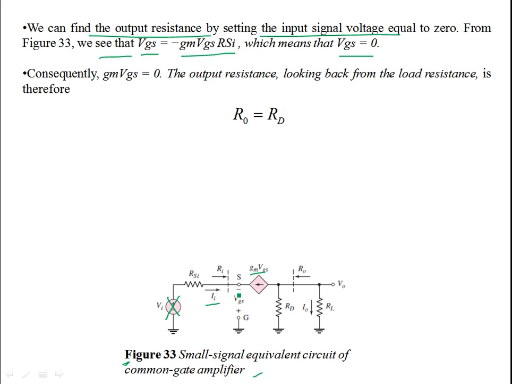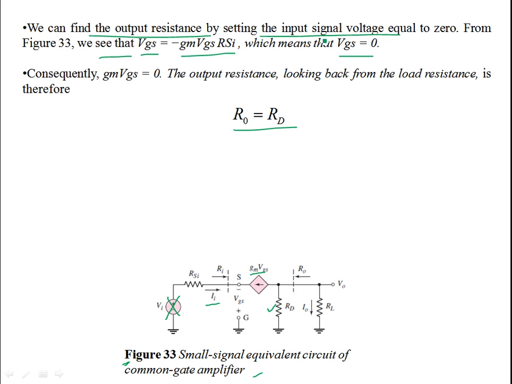So when VGS is 0, just forget about this part, and looking from the load side into the transistor, you are left only with the drain resistance. That means the output resistance is the drain resistance, which could be respectable. So the output resistance is not small, which means that there would be a loading effect for the common gate configuration if you are going to integrate more electronics or more load at the output.